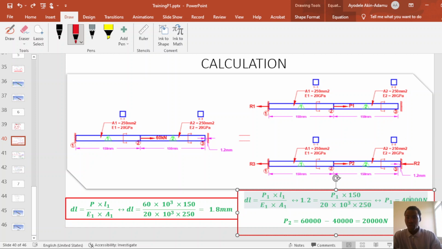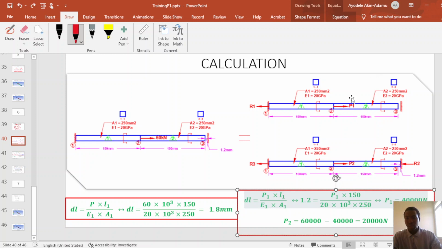So if 40 kilonewton actually stretches the body by 1.2 mm, the remaining force that causes reaction at support 3 we can calculate simply by deducting the 40 kilonewton from the total load, 60 kilonewton. So 60 kilonewton minus 40 kilonewton gives us 20 kilonewton or 20,000 newton. So here I've determined the value of P1 and P2.